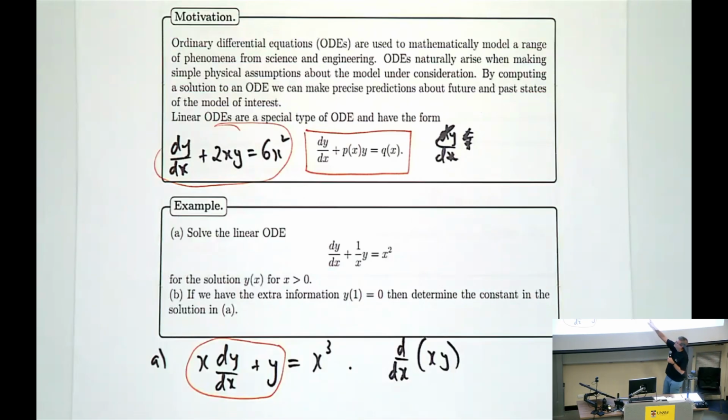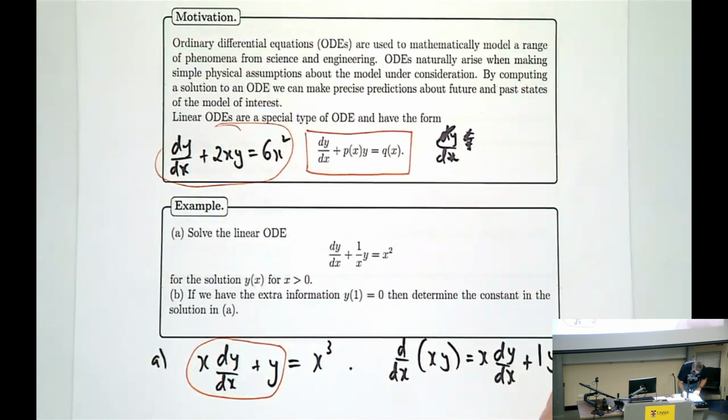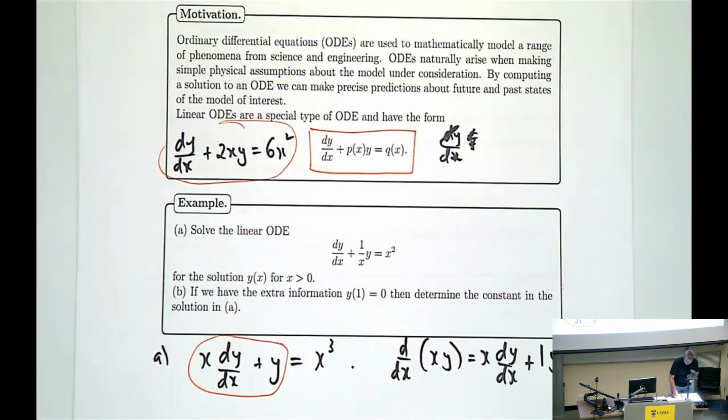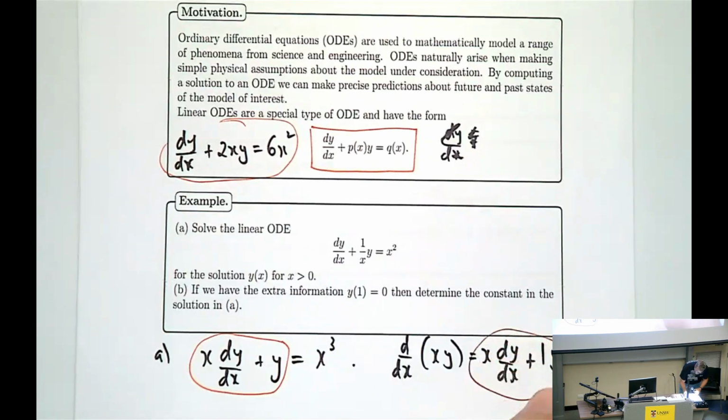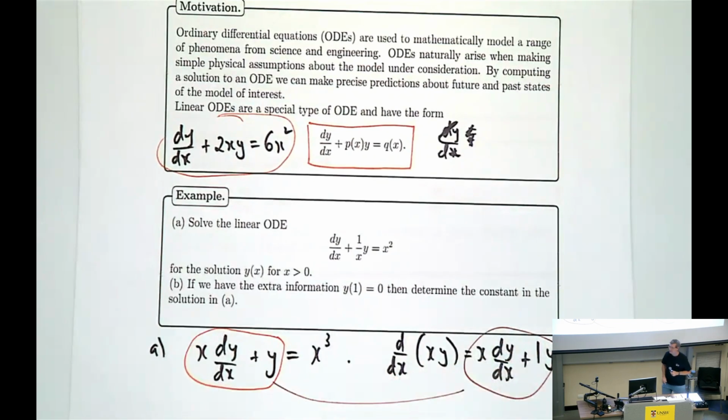Well, it'll be x times dy dx plus 1 times y. It's the same. Product rule.